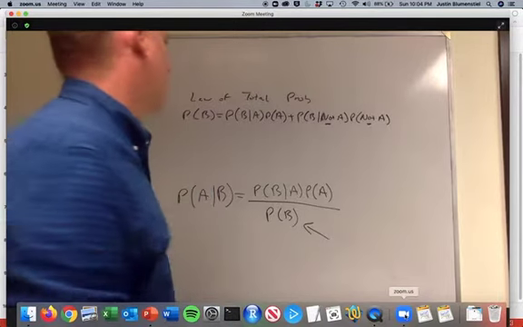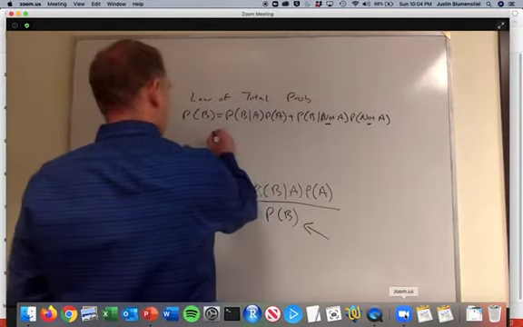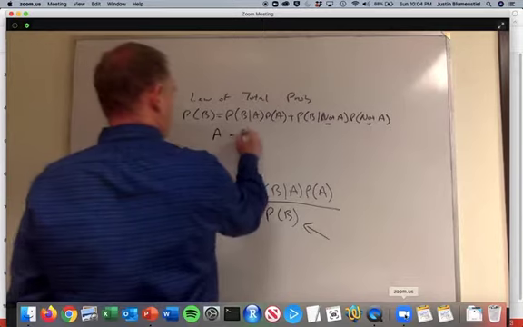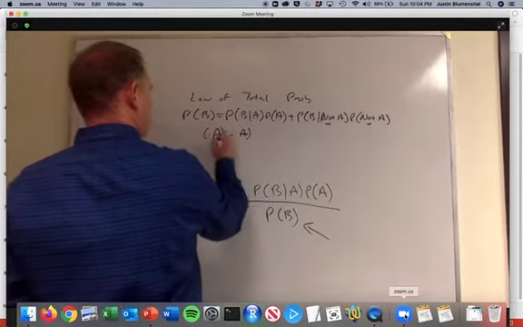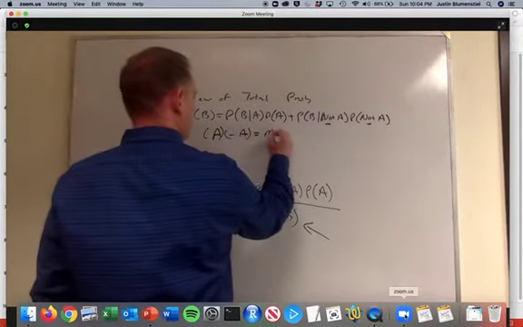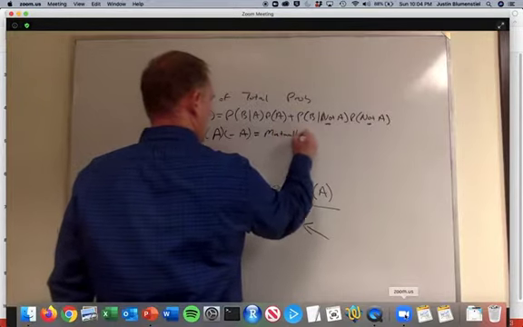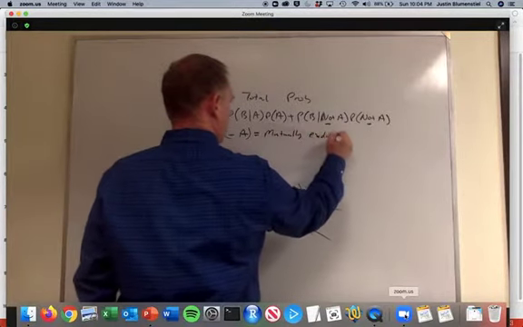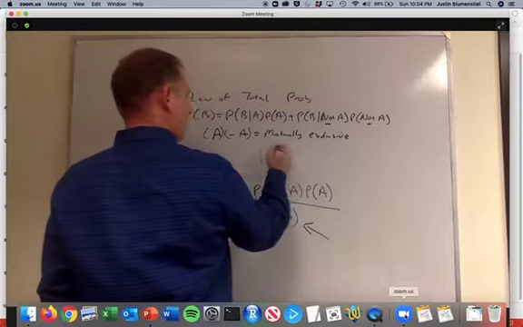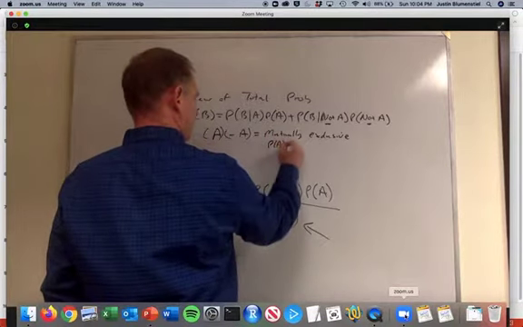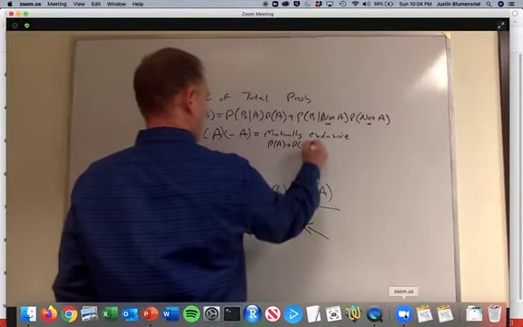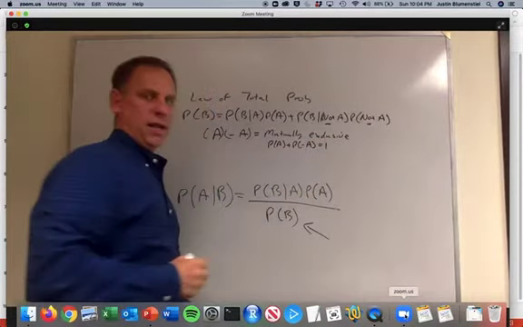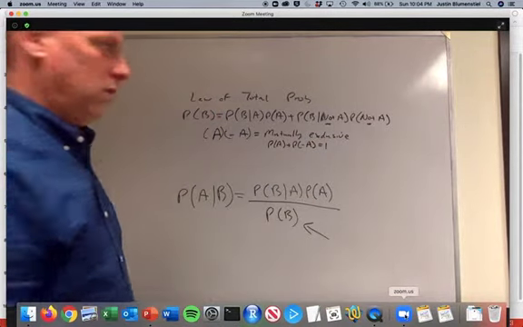Remember, A and not A are mutually exclusive, and they add to 1. The probability of A plus the probability of not A is equal to 1. That's just a reminder of what you can put here.